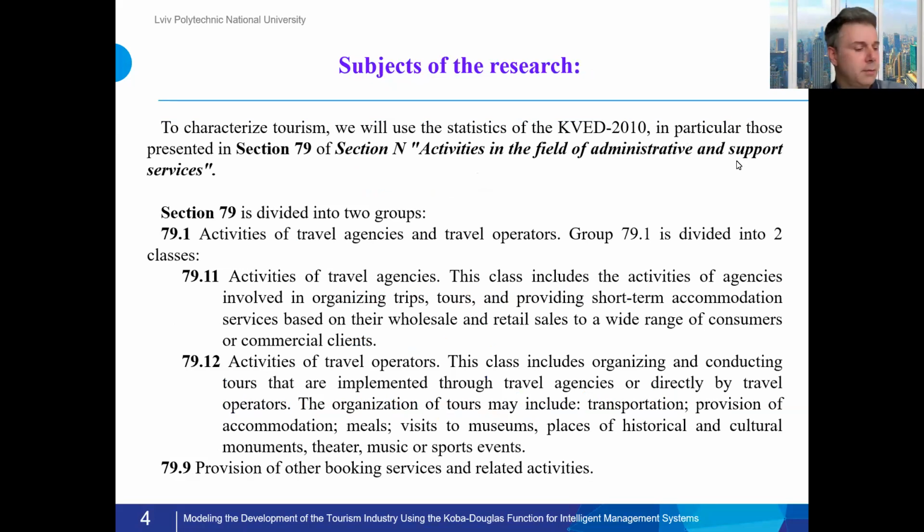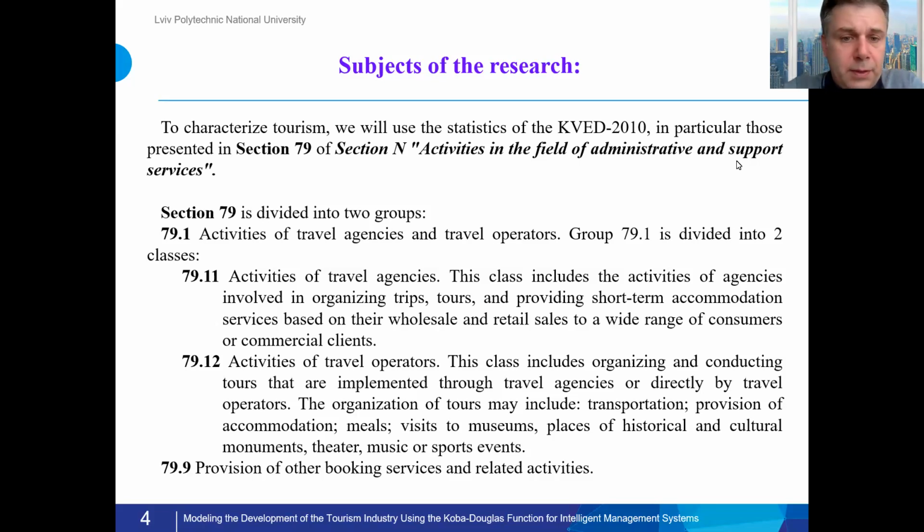Here, a few words about the data. So we used statistics from QUED 2010, and specifically we used statistics right from section N, section 79, activities in the field of administrative and support services. And section 79 is divided into two groups.